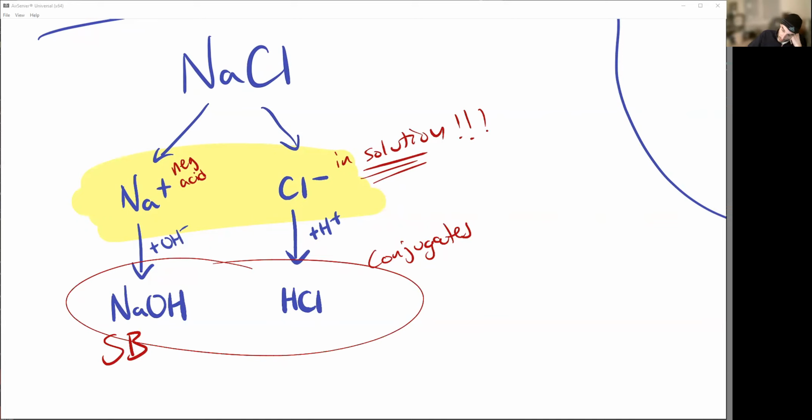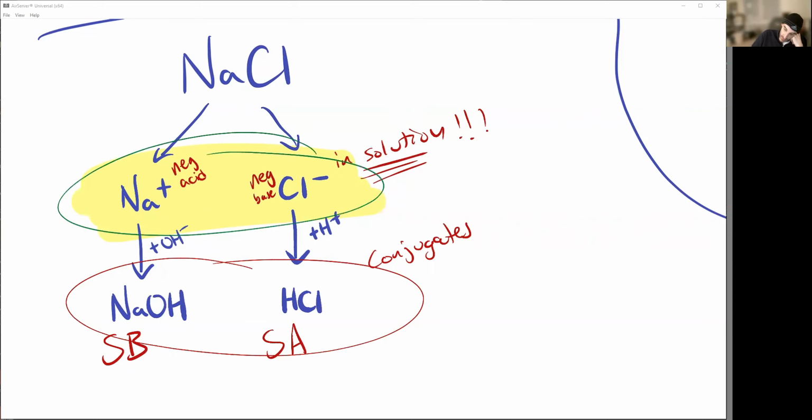What about HCl? Well, we know that's an acid because the H plus is part of the strong acids. Yes, HCl is a strong acid. So if HCl is a strong acid, that means Cl minus, its conjugate, is a negligible base. Because both of these things in solution are negligible, we expect the pH to be neutral.